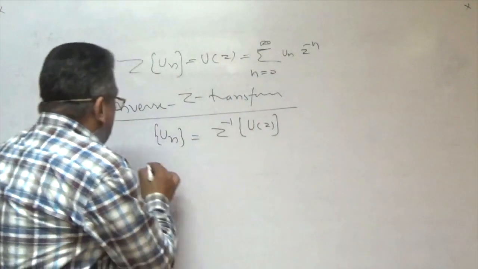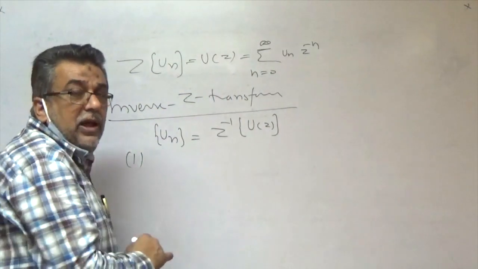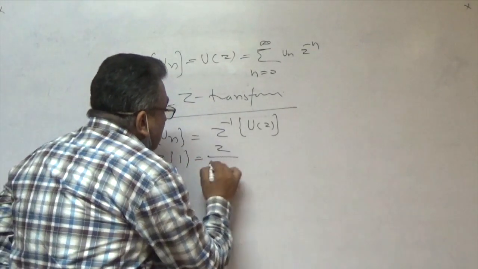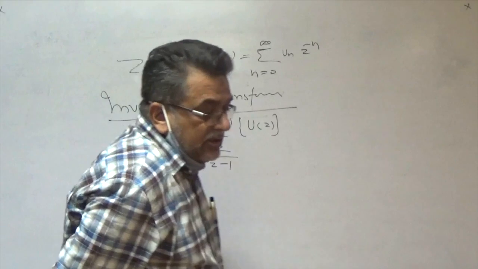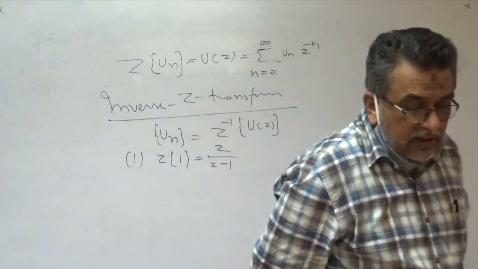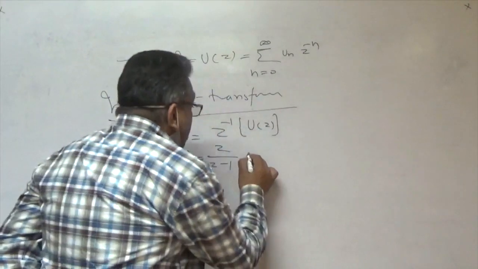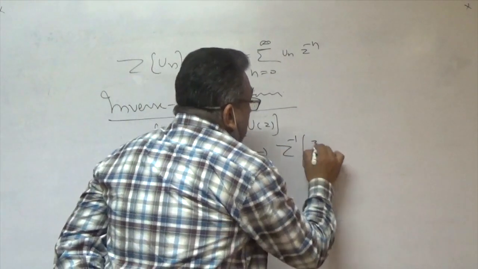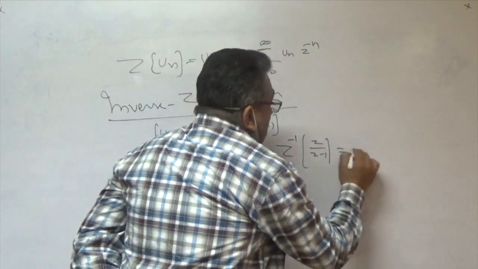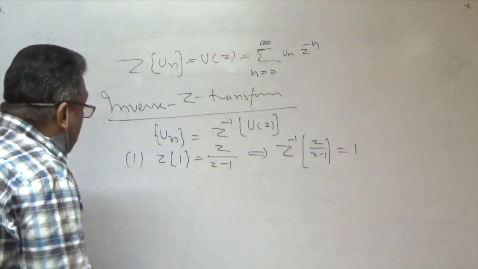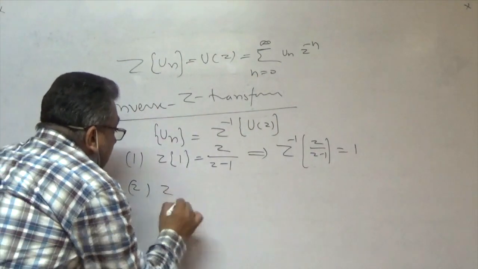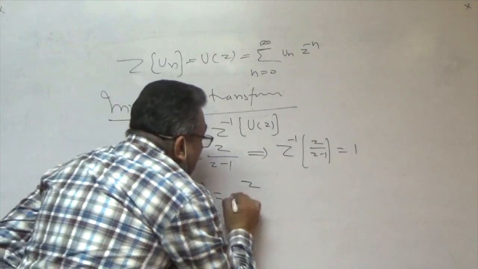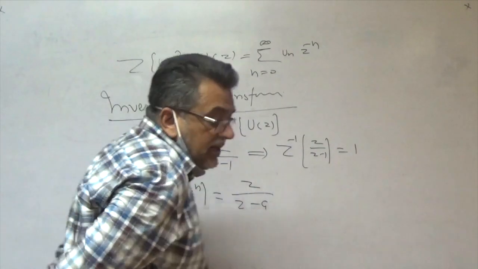As you know, if we take some standard formula, the Z transform of 1, I defined it as z upon z minus 1. This was the formula, and by this formula we can obtain the inverse Z transform of z upon z minus 1 is equal to 1. Similarly, we define a second formula: the Z transform of the sequence a to the power n is z upon z minus a.